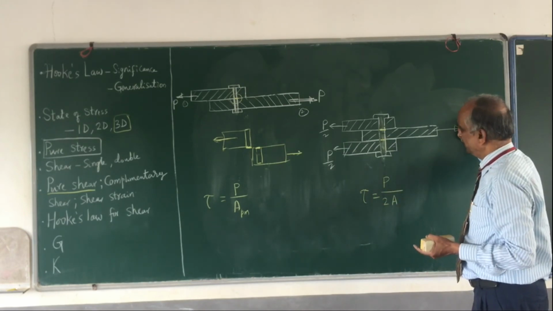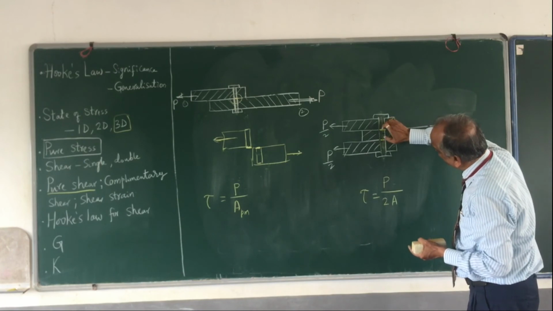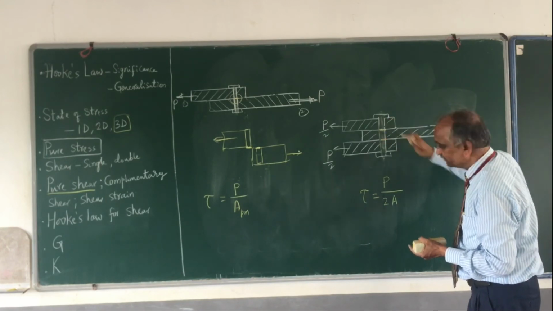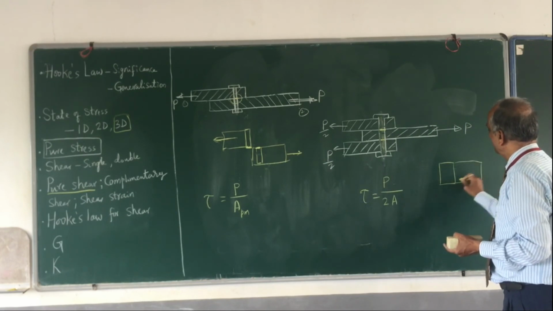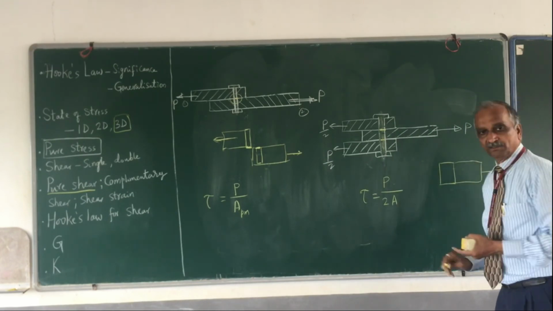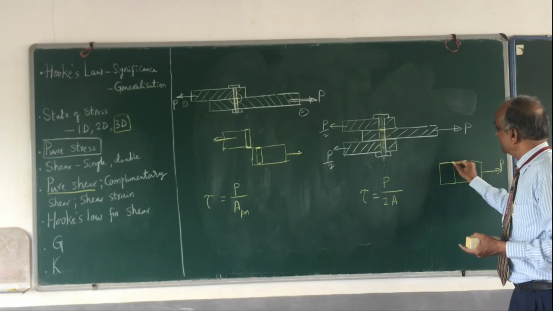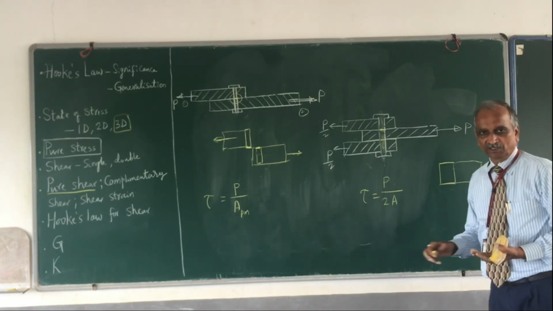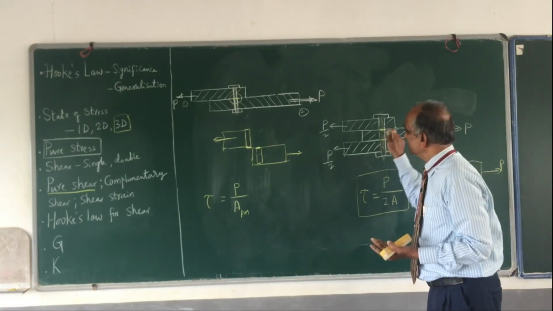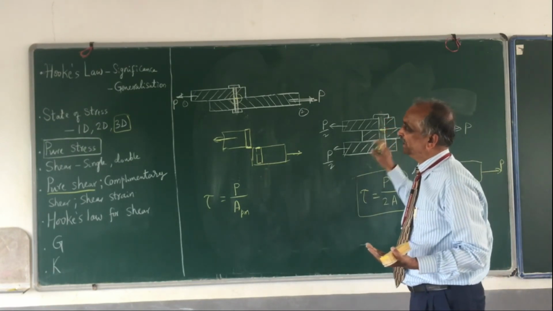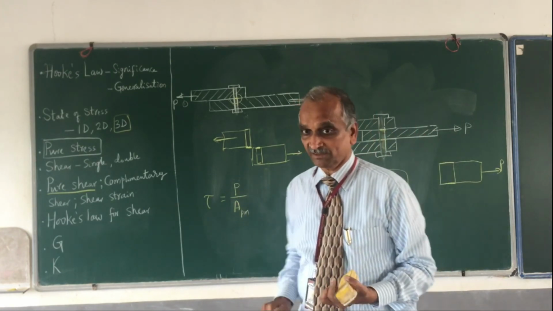If you take this P, then you have to take this entire portion. If you have this pin and this entire thing, take here. Okay, this P divided by A plus A, 2A, and this is the shear stress, and we say that this pin is subjected to double shear.